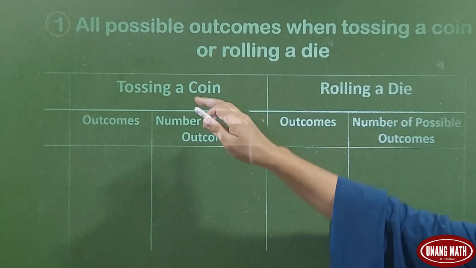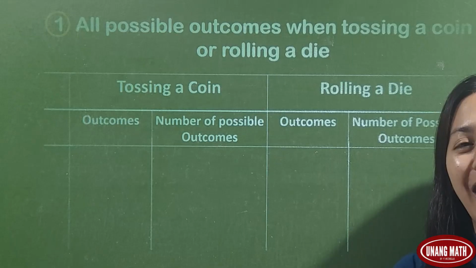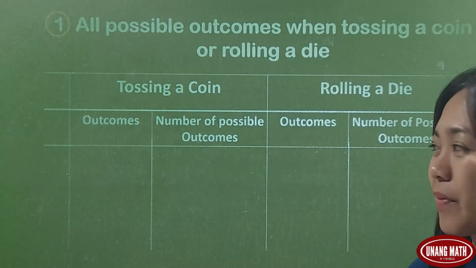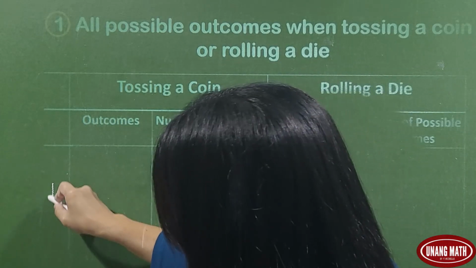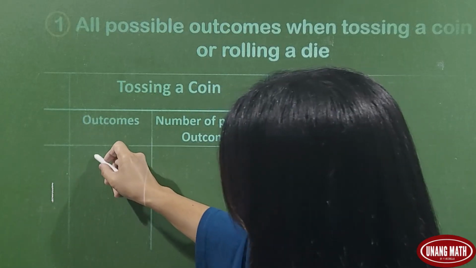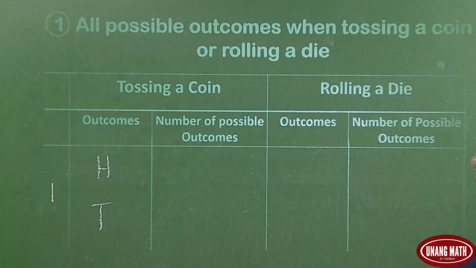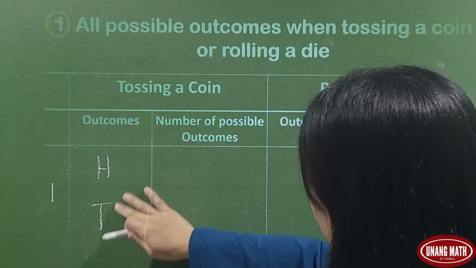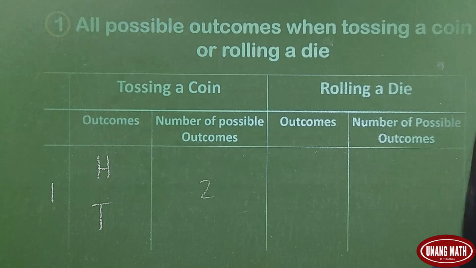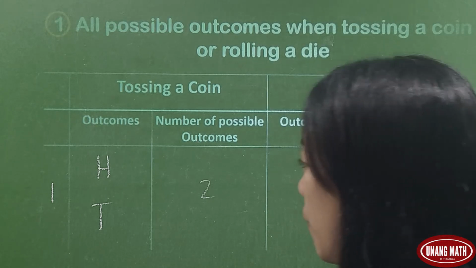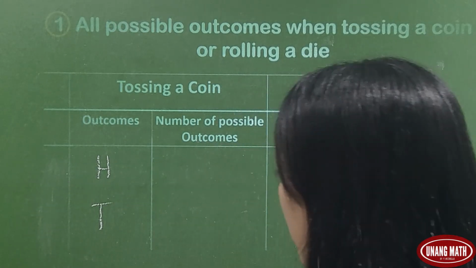For tossing a coin, we know that a coin has two faces. So if we are going to toss one coin, then outcomes can be head or tail. So for the number of possible outcomes, we have two possible outcomes. How about if we will toss two coins?